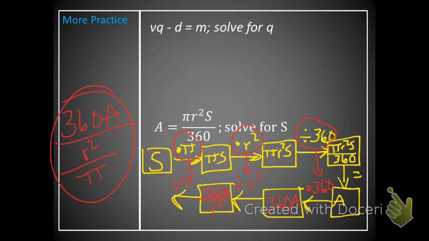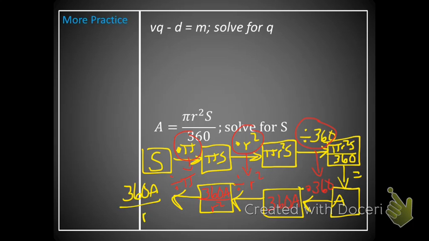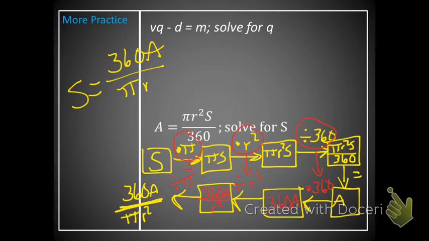Instead, we already have the division sign, so I'm just going to stick the pi underneath it as well. So now it's pi r squared. My answer is S equals 360A divided by pi r squared, and that would be my answer for that problem.